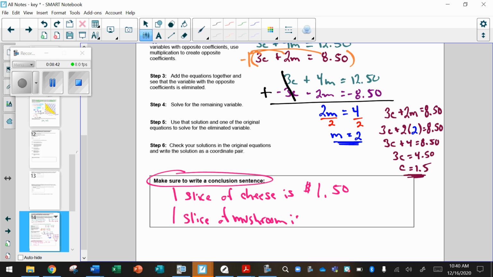M was 2, so that means it's $2. You can just put 2, or if you'd rather, you can put 2.00 for $2. Up to you. But I need words to go with my numbers because it is a word problem, so I have a word answer. So that's the elimination method.